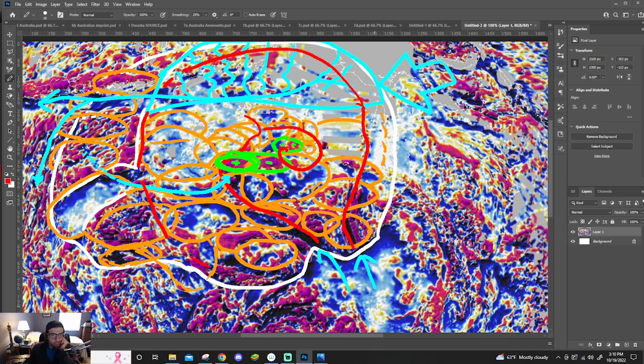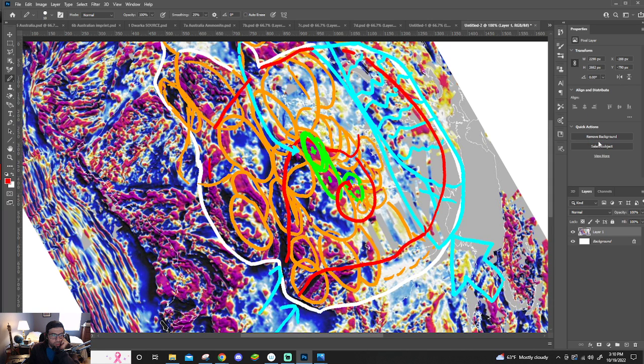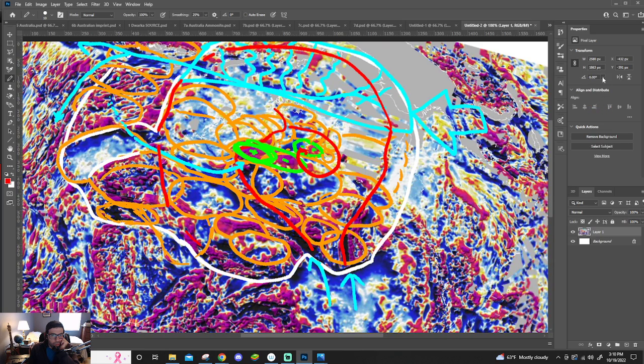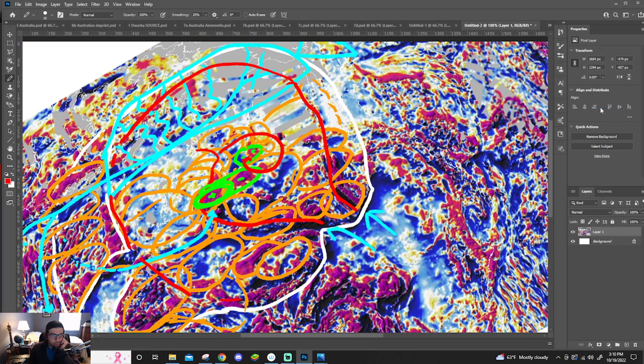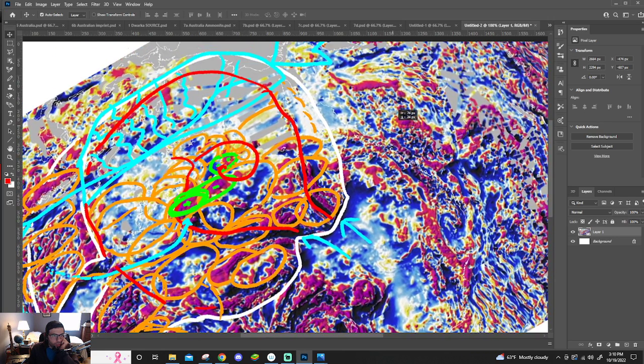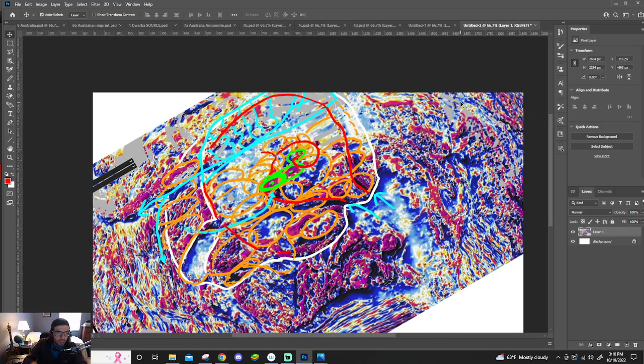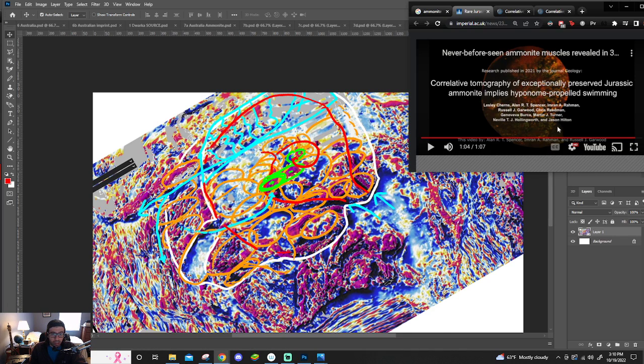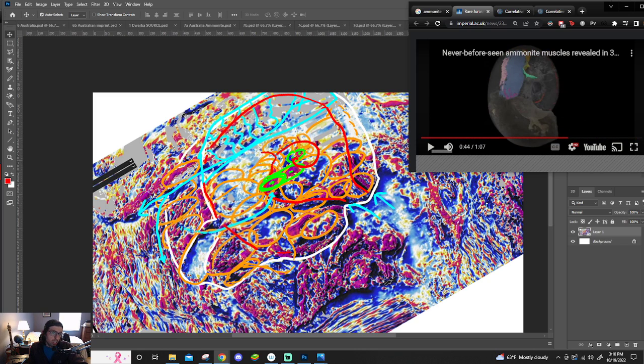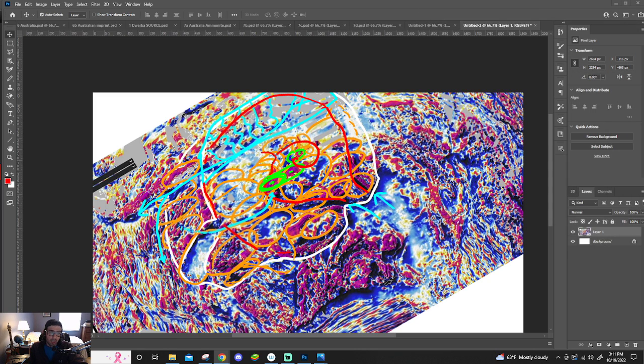Let's see, can I rotate this whole image? Wrong way. Maybe make it make sense a little. Just kind of compare it, get more of the angle they show it at. Maybe even another 10 degrees or something.